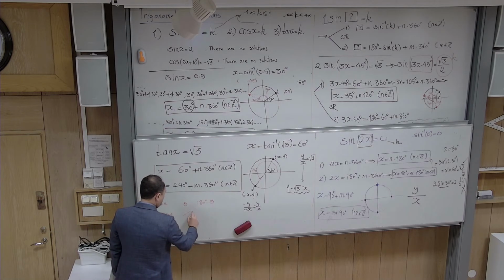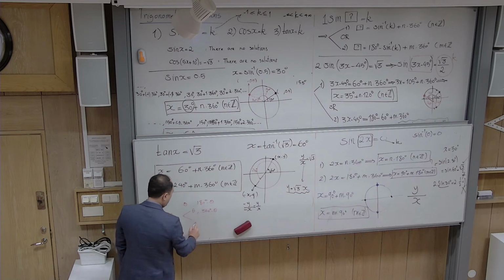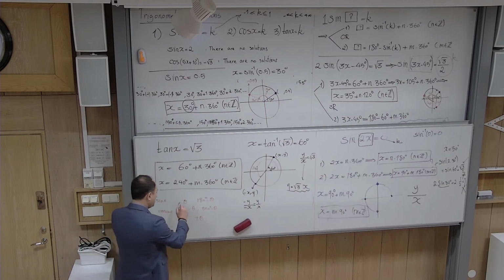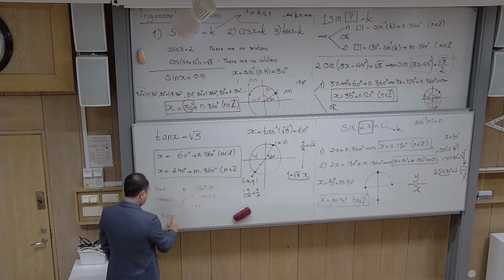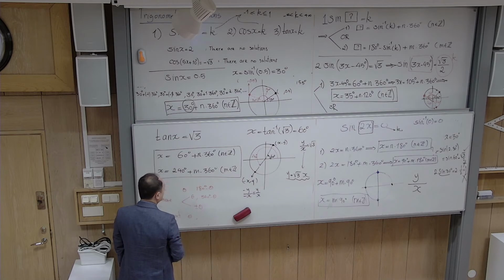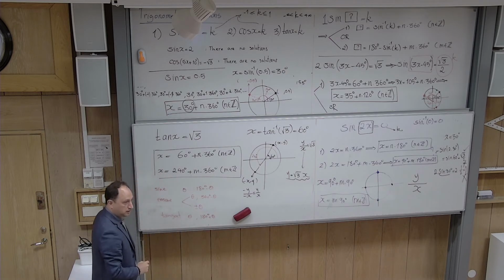We could write it either theta and 360 degrees minus theta, or we can make life easier, plus and minus theta. For the case of tangent, what do you see? You have an angle, and the other angle is 180 plus theta. Okay? Understandable? Yes. So this is the thing that you have to have in mind.